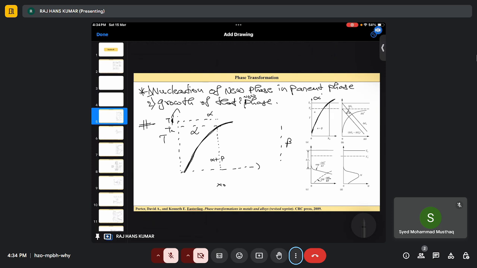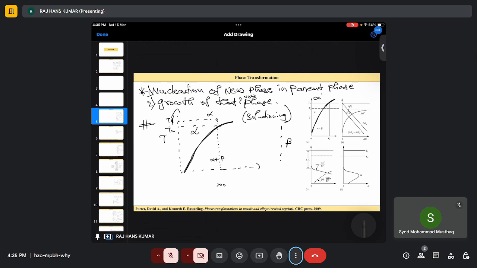That means everything that was beta or any other phase will be dissolved into our alpha phase, right? This is called solutionizing. We have only one homogeneous single solid solution phase, not two different heterogeneous phases, with solute atoms dissolved in it.